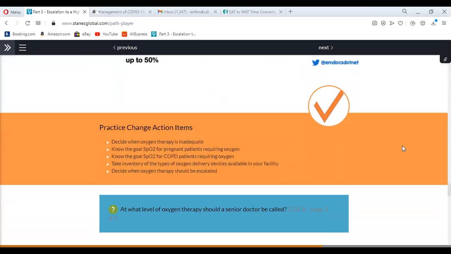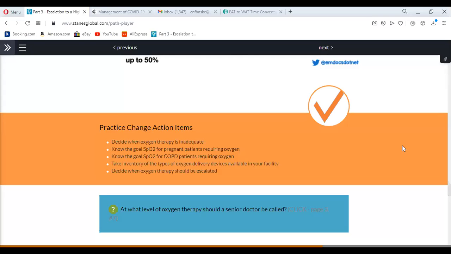Practice change actions from this part of the therapy is that we should decide when oxygen therapy is inadequate, which we did from this discussion. We all agreed that the 5 liters nasal cannula is not enough based on the vitals we've seen.